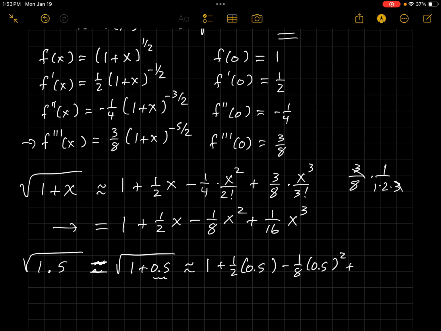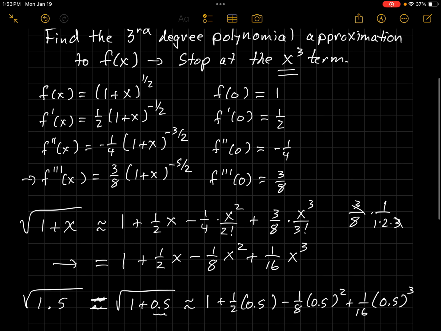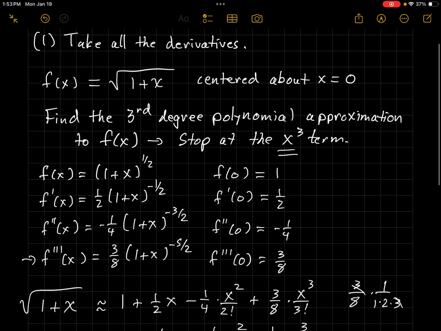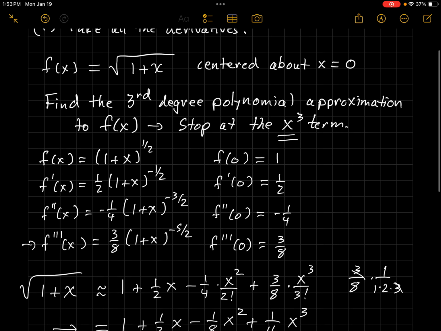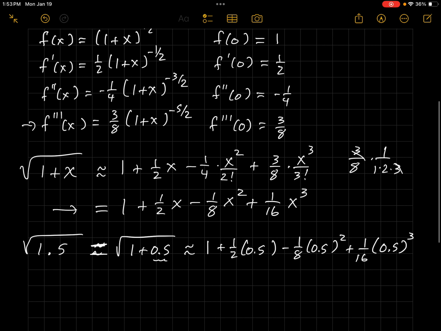Like this. And I will leave this to you to simplify if you want to. So the first type is find all the derivatives and plug in to get our Taylor series.